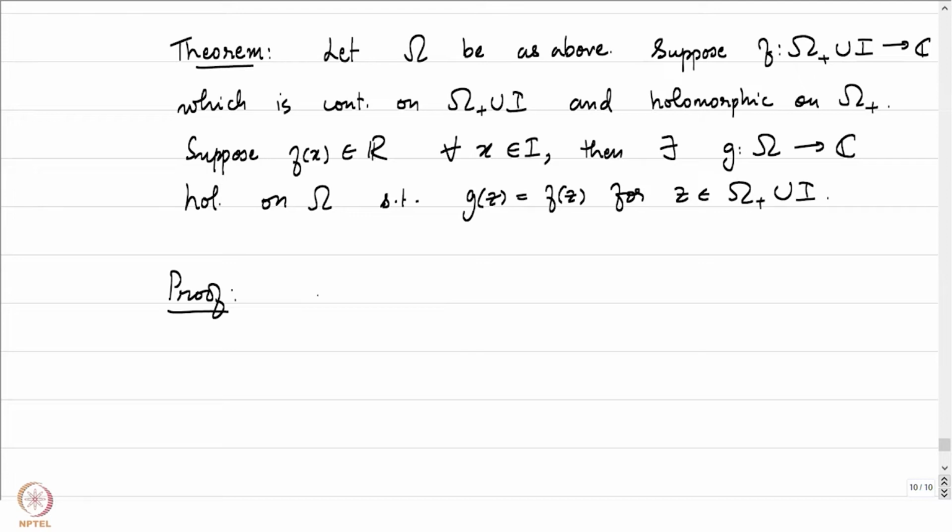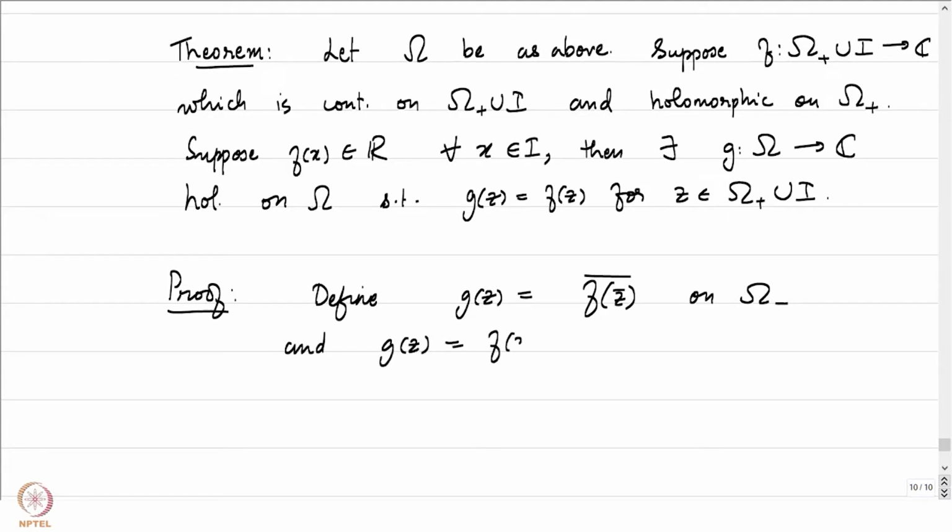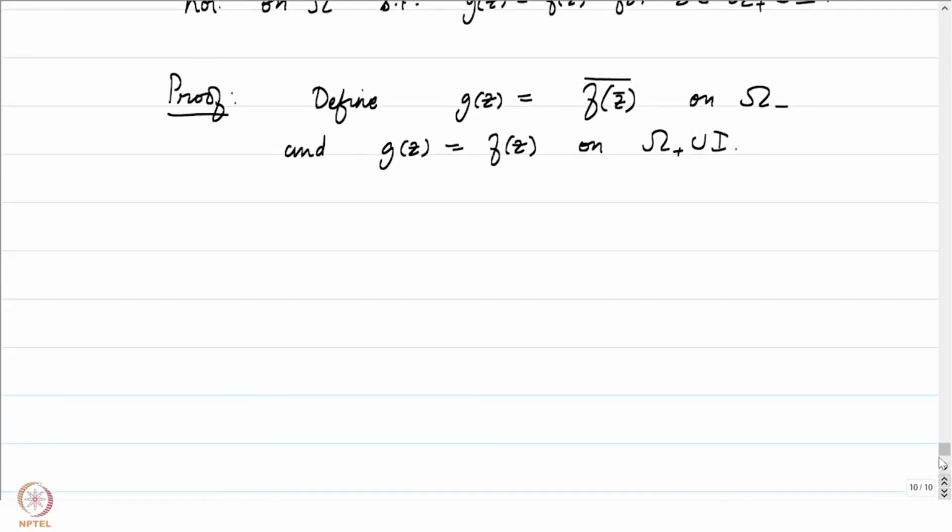So we will just as well define g of z to be equal to f of z bar the whole bar on omega minus, and g of z to be equal to f of z on omega plus union I. So we have just defined g to be equal to f on omega plus union I. In particular, g is going to match with f on omega plus union I. We just need to ensure that this function g is holomorphic.